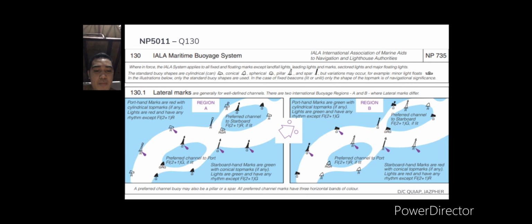The symbol will be slanted to distinguish it from a beacon symbol, which is upright. Buoyant beacons are charted as lit beacons. If the shape of a buoy in the IALA system is not known, the symbol of a pillar buoy is used. So this is the symbol of the shapes.